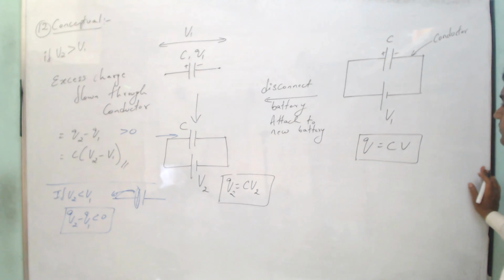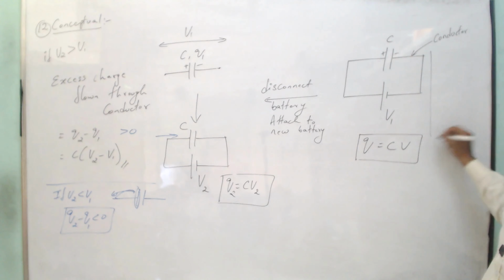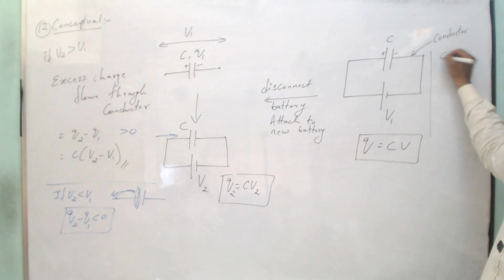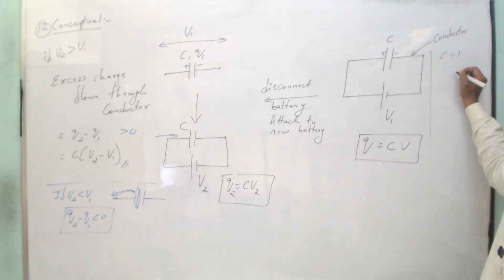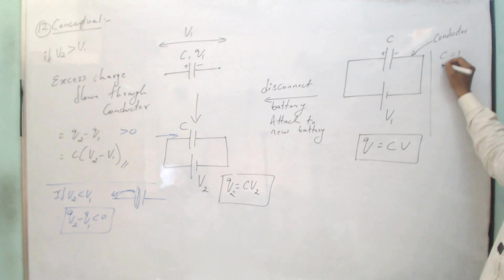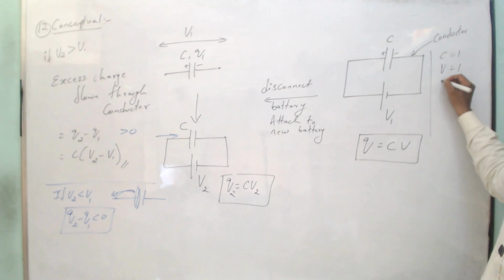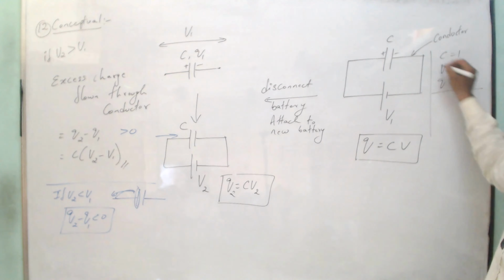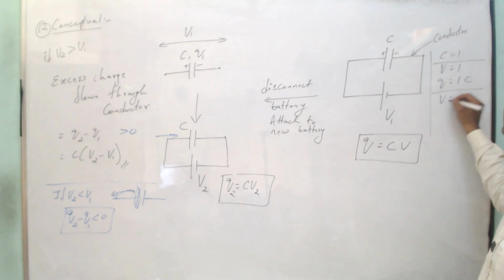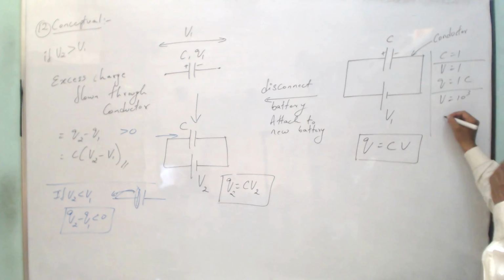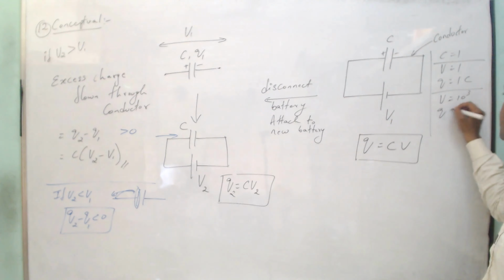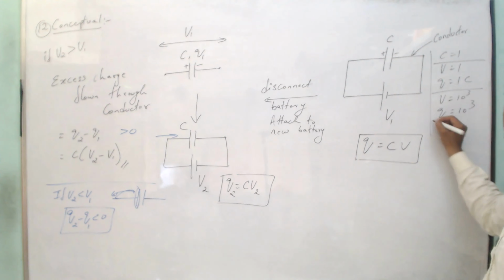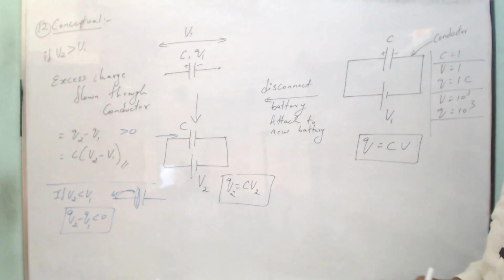Now, suppose the capacitance is 1 and the voltage is 1, the charge is 1. For the same capacitance, if the voltage is 10 power 3, the charge is 10 power 3, according to the equation.